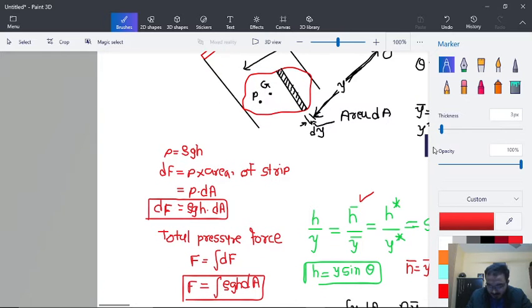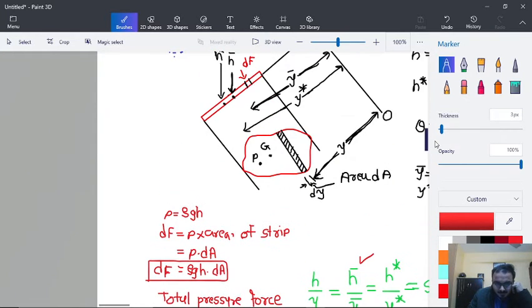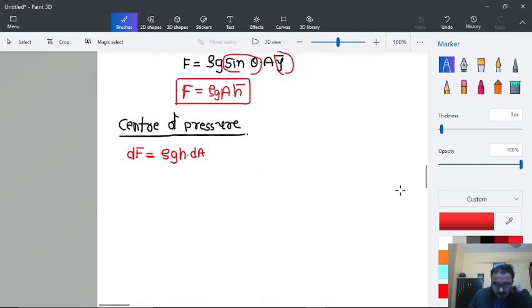That we have already done here. Now we will calculate moment of force dF.